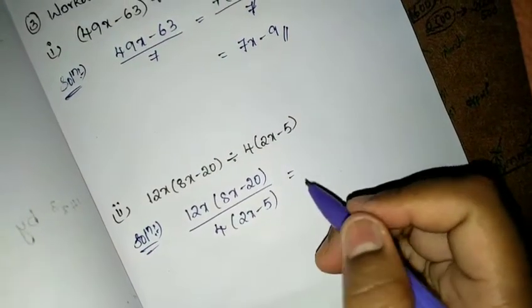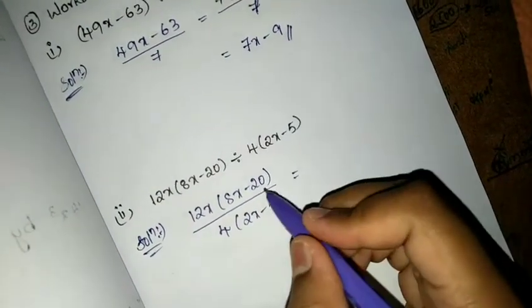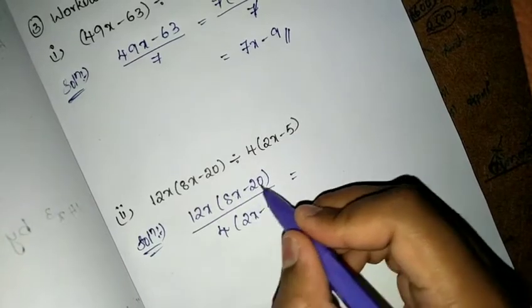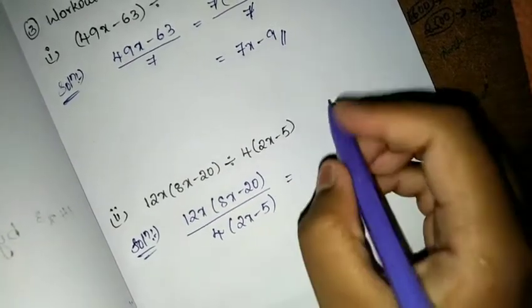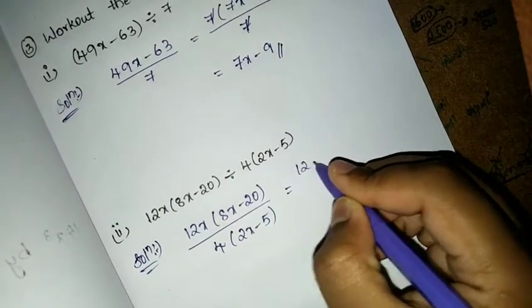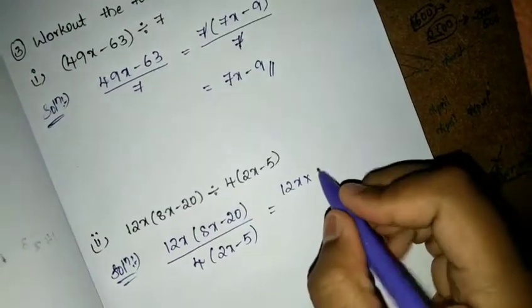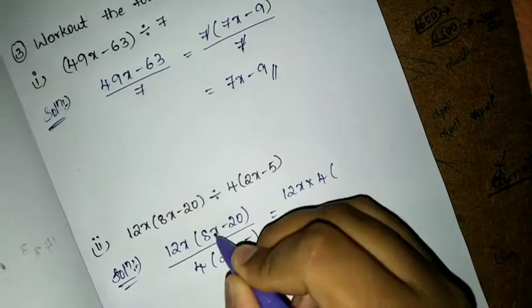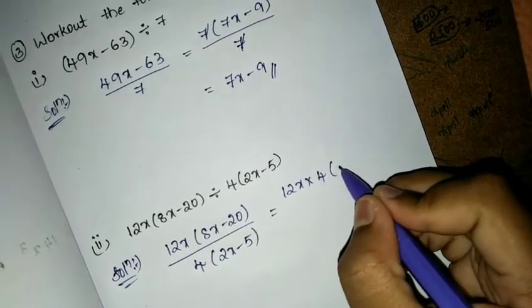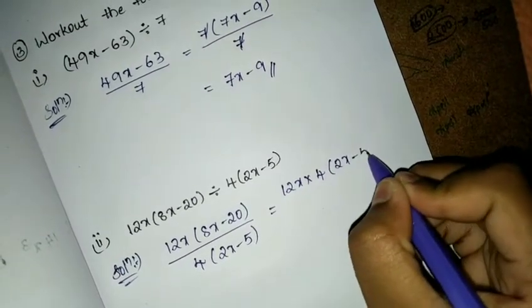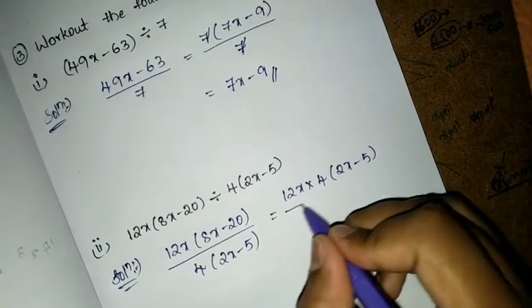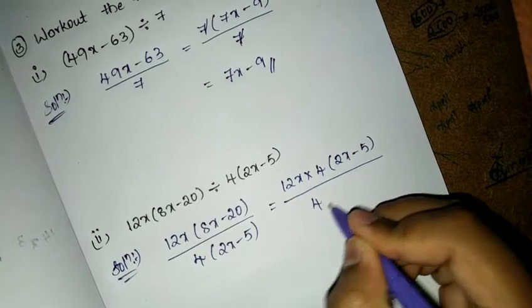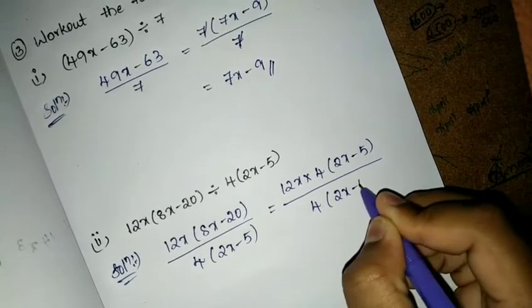In this problem, if we take 4 common from these two terms, then we get 4 into (2x minus 5). 4 twos are 8, 4 fives are 20, divided by 4 into (2x minus 5).